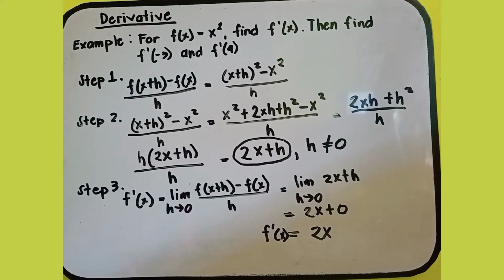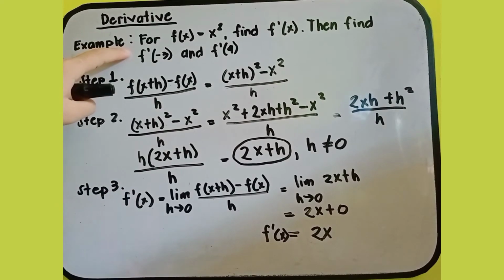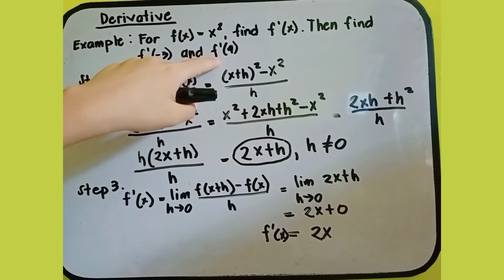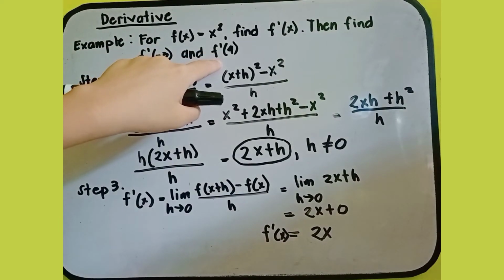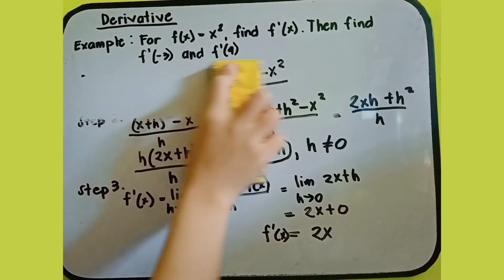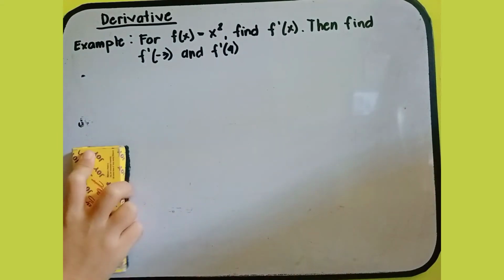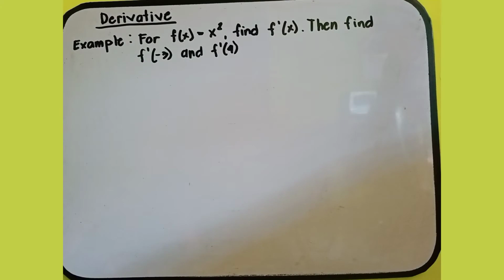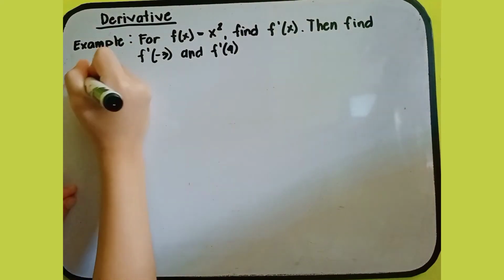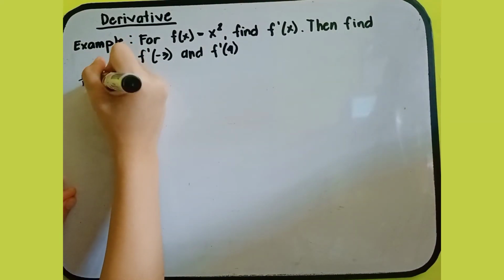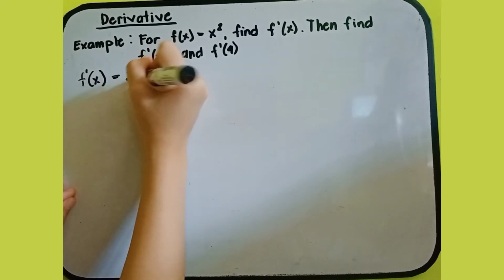But the solution doesn't end here. We also need to find f prime of negative 3 and f prime of 4, since they were included in our problem. The value of our f prime of x is 2x.